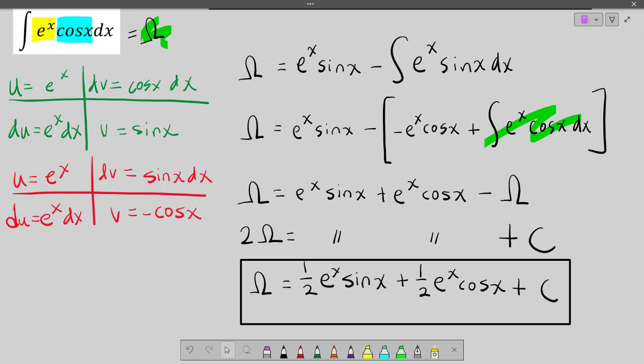All right, any lingering questions? Yeah? So this only works if you're going back to the same original function that you were working with. Yeah, so integration by parts with a twist is when we end up getting back to an integral that matches the original. And it's only going to show up when we have an exponential with sine or an exponential with cosine.